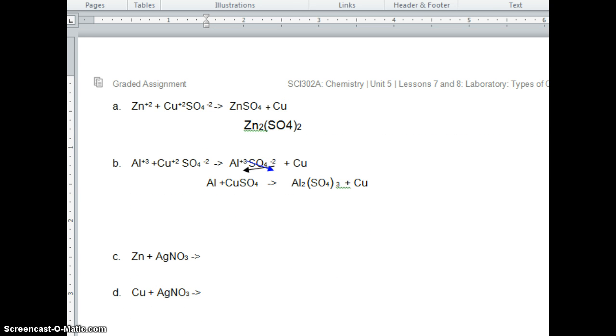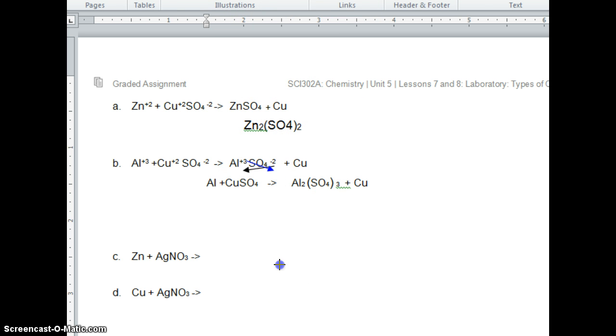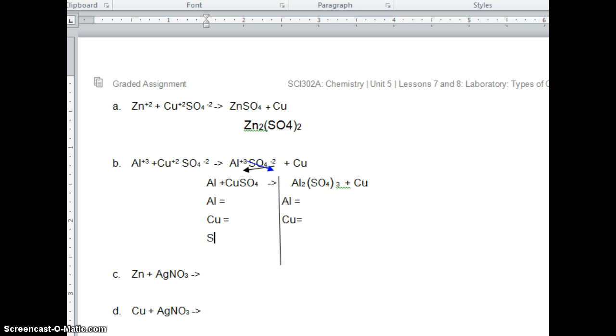So to do that, what I like to do first is divide it in half, so I keep track of where everything is. And so I want to know how many aluminums are on each side. I'm going to list that. How many coppers are on each side? How many sulfurs are on each side? And what's my last one I have to write? How many oxygens are on both sides?